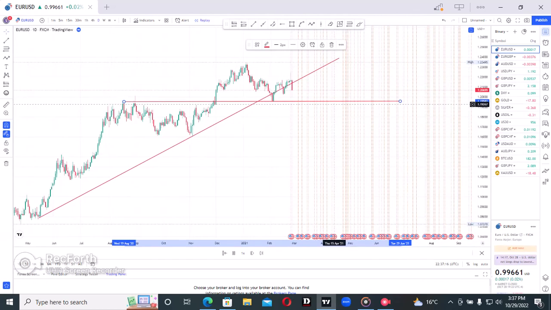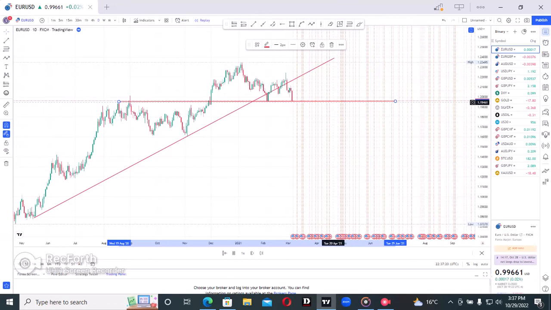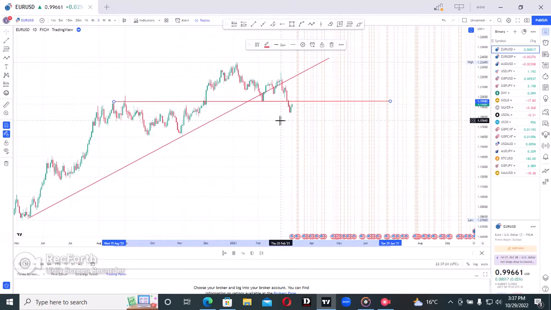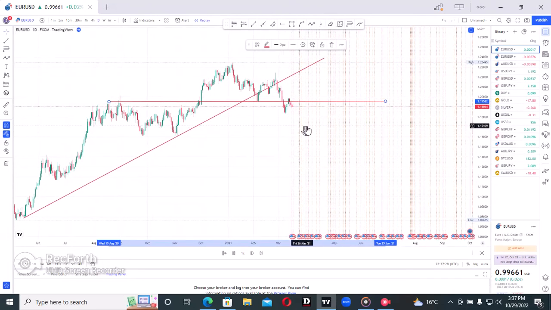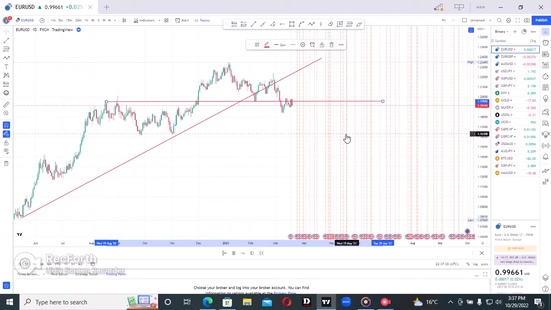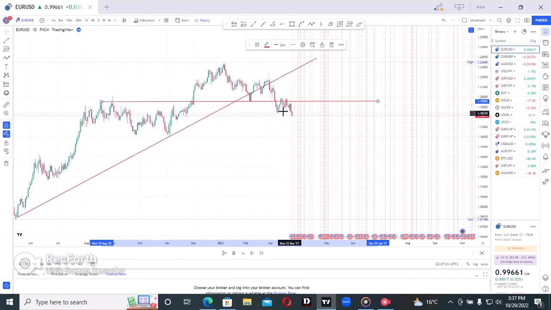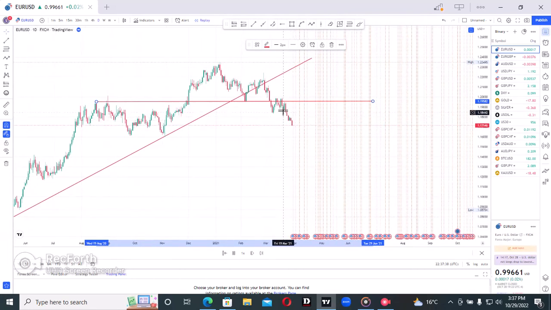Unless this market breaks below this line, that's where I'm going to say this market is going to move in the down direction, something like this. If we break above again, this is going to be my false breakout.